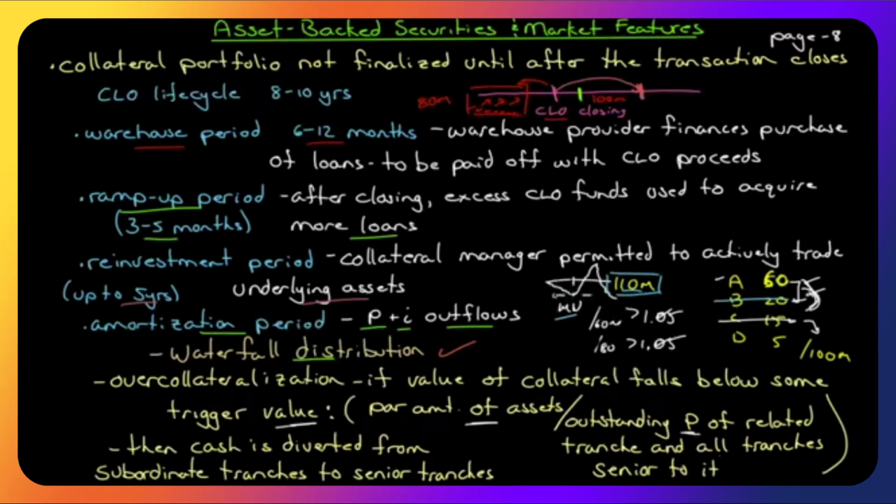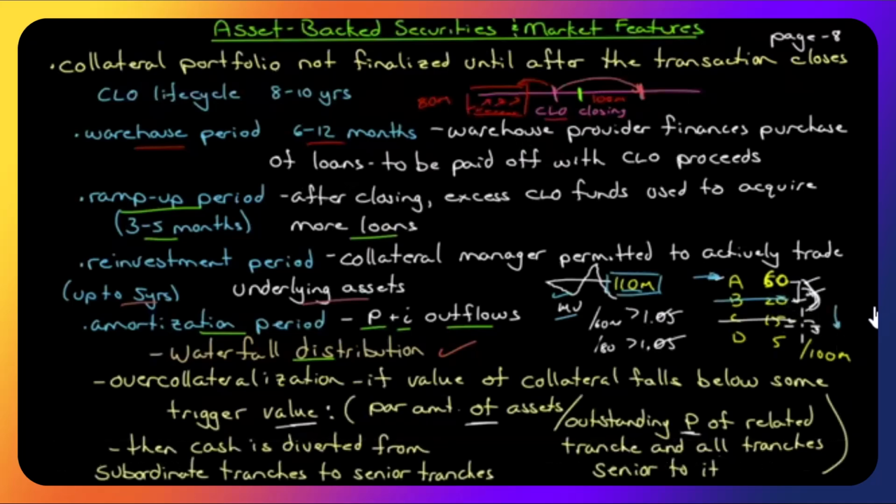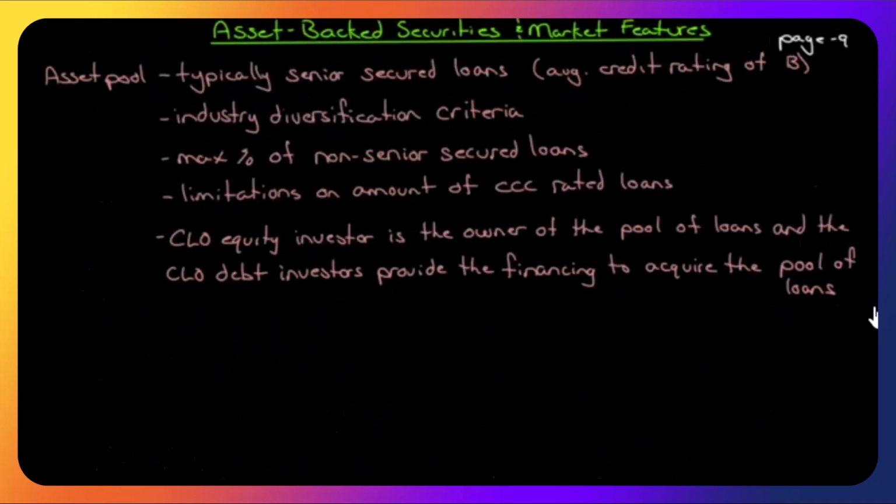If there was a drawdown in the market value of the loans, the over-collateralization test may fail at B, in which case all cash flows will then be diverted to the senior tranche until it is taken care of, and then all the subordinate tranches would then get their cash flows, so that the tranches below, wherever the cutoff is, their returns would depend upon what the over-collateralization test happened to be.